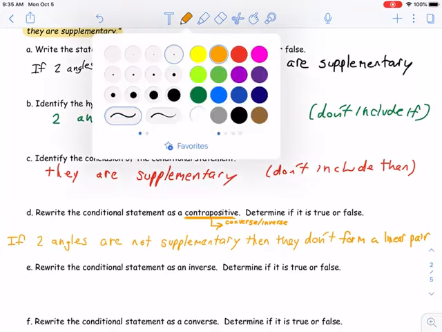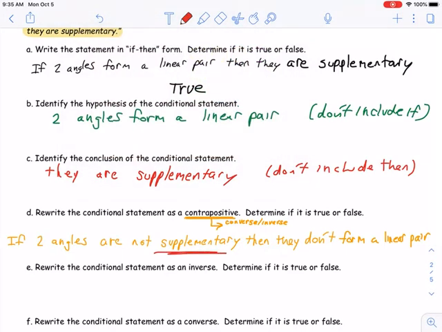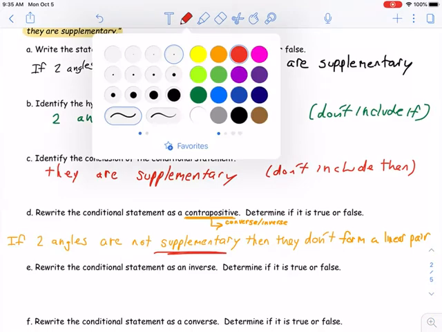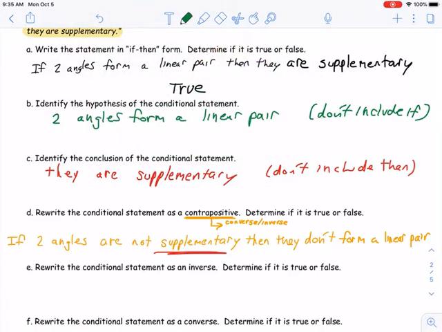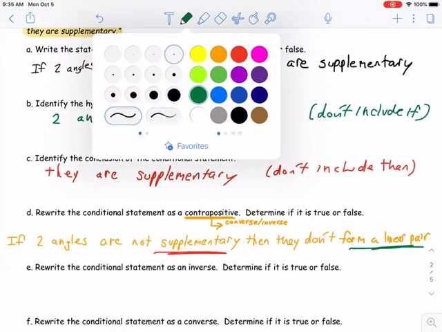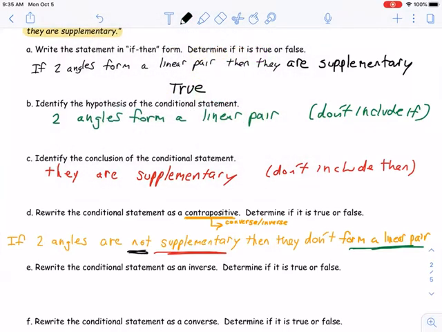Supplementary was the conclusion, linear pair was the hypothesis, so I swapped the order and I negated it. Okay, so that's the contrapositive.